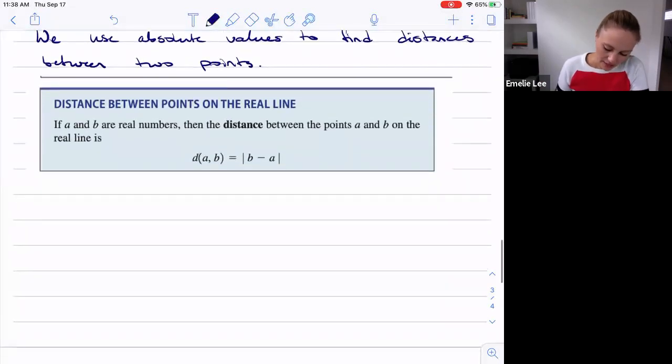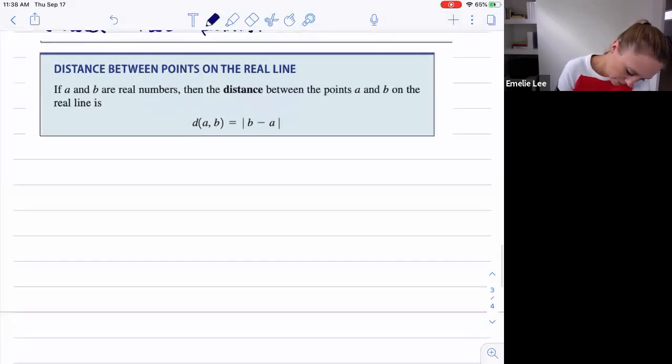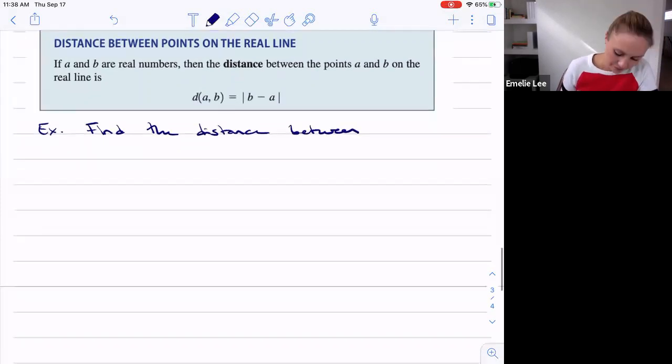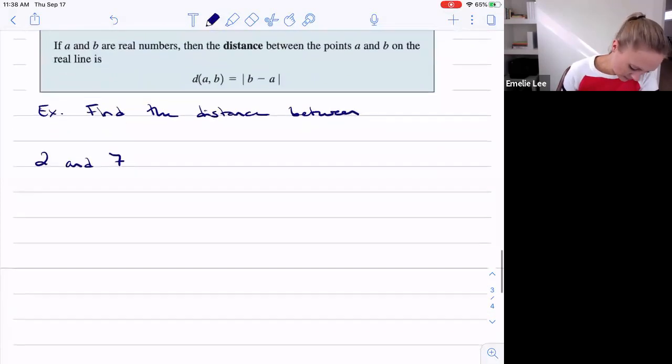So it just says that the distance between A and B, so we've got this little D operator here, D of A and B, is the absolute value of B minus A. As a little exercise, find the distance between 2 and 17, let's say.